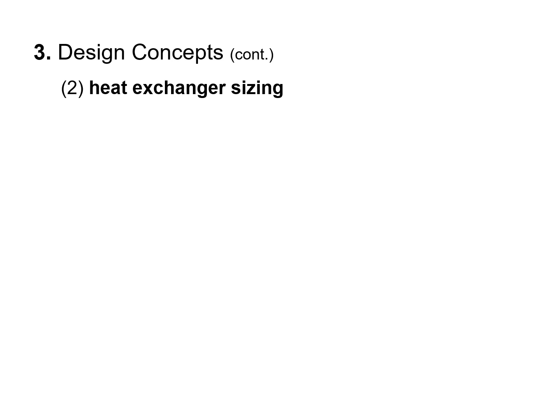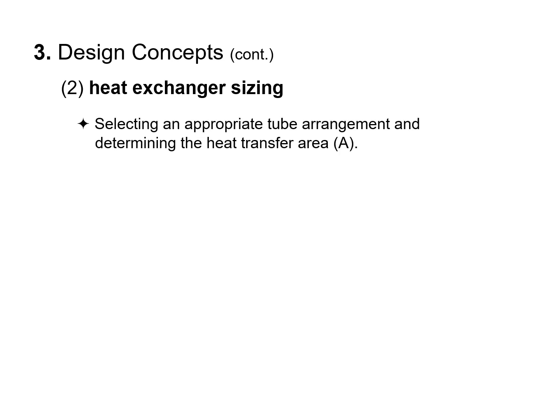2. Heat exchanger sizing. When faced with the given thermal design conditions, the following sizing process is employed. Firstly, begin by selecting an appropriate tube arrangement and determining the heat transfer area it offers.